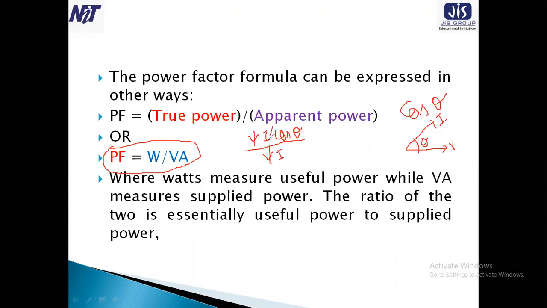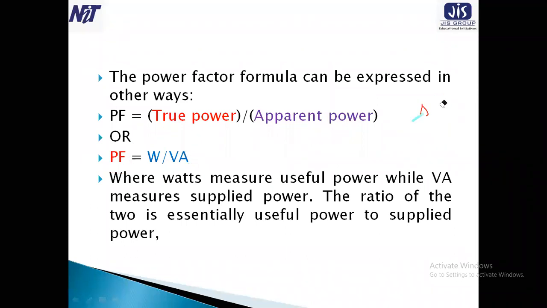So what will be there? Only cos theta. And we know that cos theta is the power factor. So in this way, we can also define the power factor. It's the cosine of the angle between the voltage and current, and also it is the ratio of real power to apparent power.